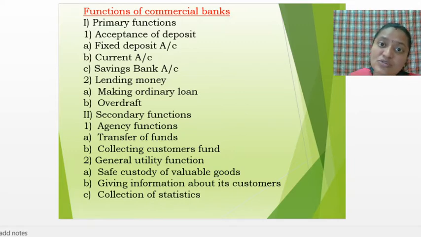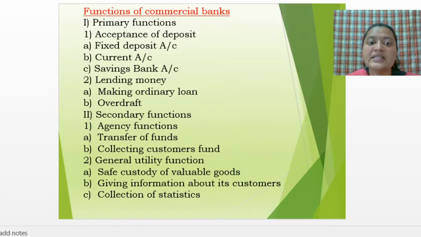So he has to save that money in the bank in the form of a savings bank account. He will spend a little amount and save a little sum. So that is called a savings bank account.